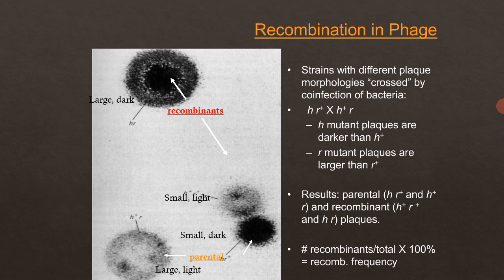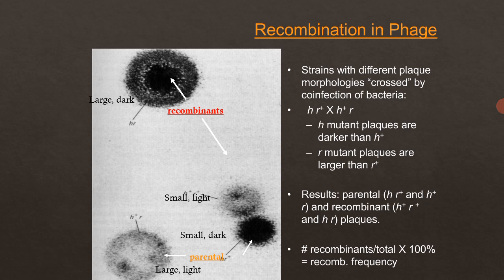And the total types we got were 4 types. So 2 divided by 4 into 100, the answer that comes will be the recombination frequency of these mutant cells, of these parental strains. This is how we can calculate the recombination frequency of the recombinants, right?